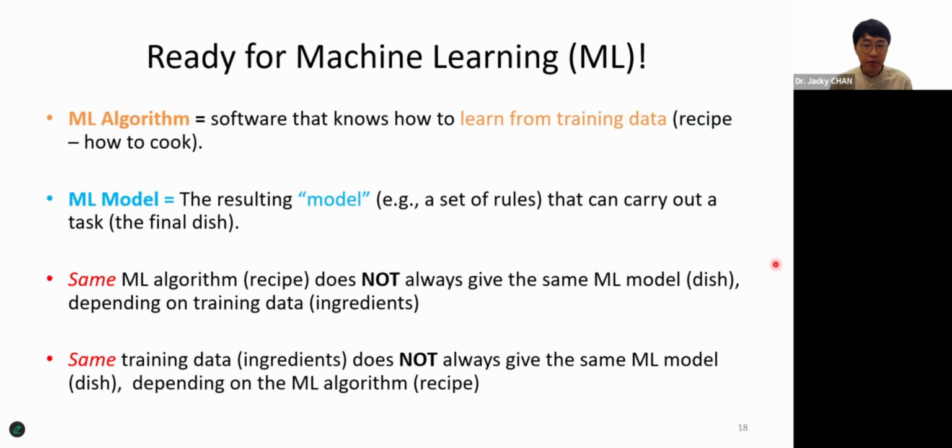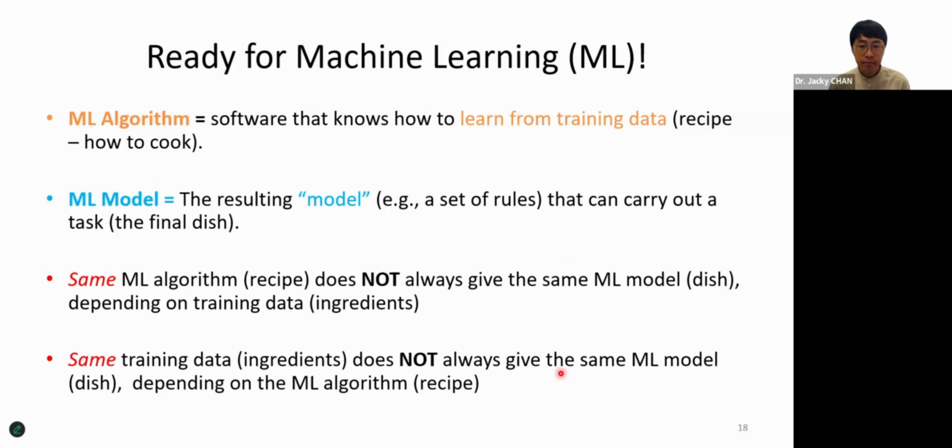There are a few points to note. Imagine two people with the same recipe. They may not produce the same dishes if they are using different ingredients. Similarly, even the same machine learning algorithm can give us different models if the training data are not the same.